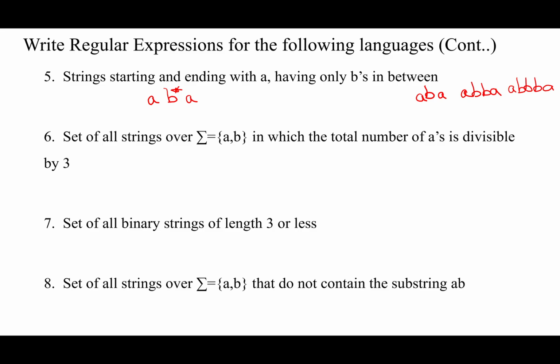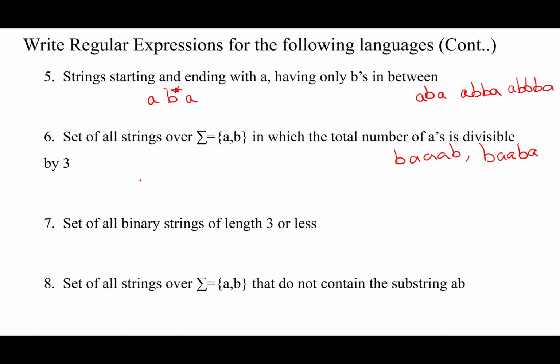Then, set of all strings over sigma {A, B} in which the total number of A is divisible by 3. The total number of A is divisible by 3 means we can have, like, B or B or A, in this way. So how can we write it?